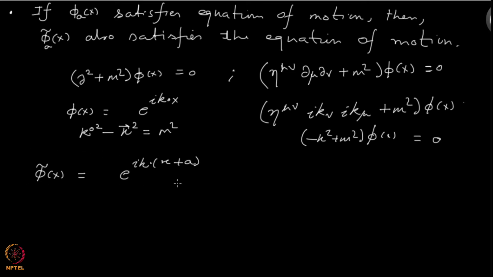And you can immediately verify that this also satisfies this equation of motion, because when the derivative acts, it only acts on this part, so whatever I did here goes through, and you realize that phi tilde of x also satisfies the same equation of motion. This is interesting to note, but you can guess that this is a consequence of the fact that we have an underlying translational symmetry.